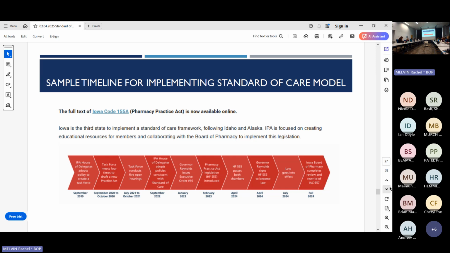And the bill implements a standard of care regulatory model and removes burdensome restrictions on the practice of pharmacy. And the bill goes into effect July 1st, or went into effect July 1st, 2024, followed by Board of Pharmacy rulemaking in 2024 and early 2025, which will align the practice of pharmacists with their full training and education experience for years to come.